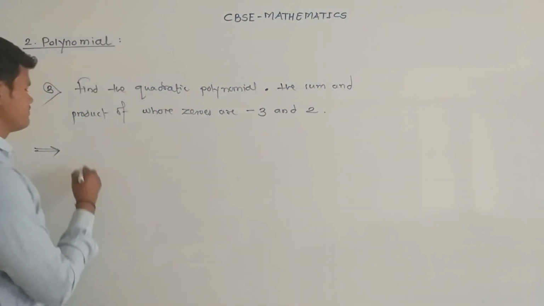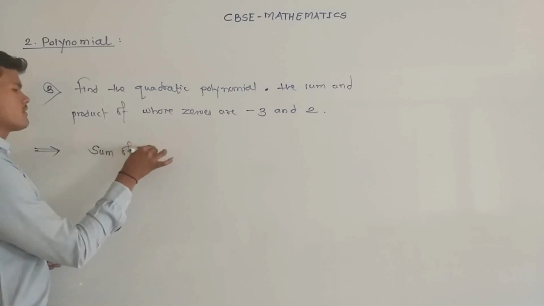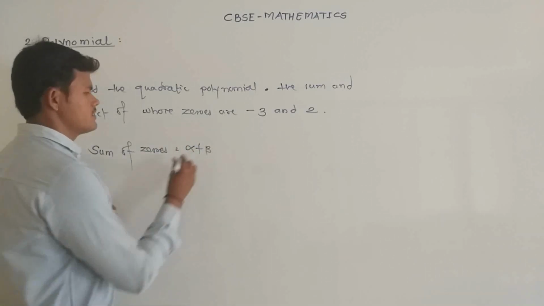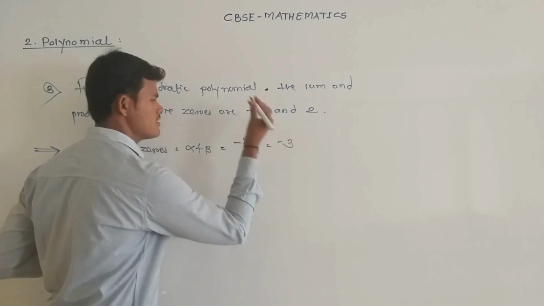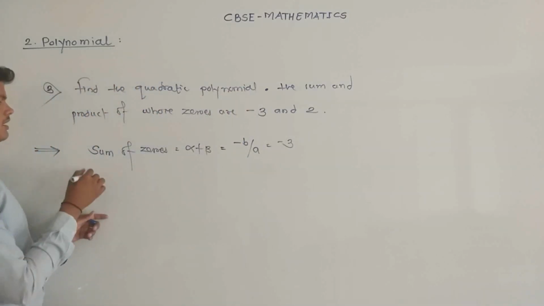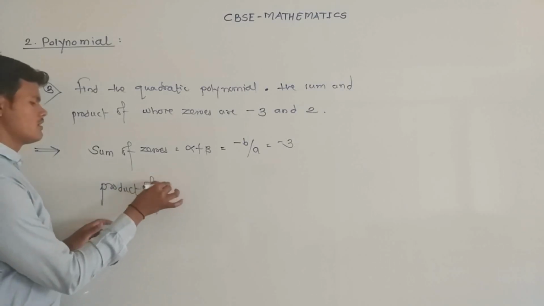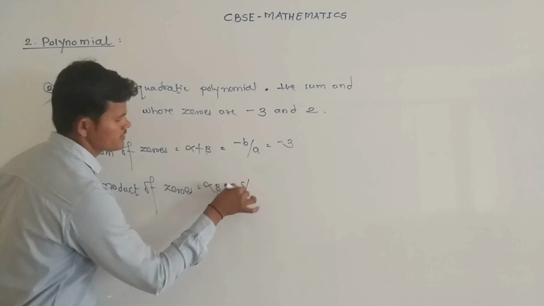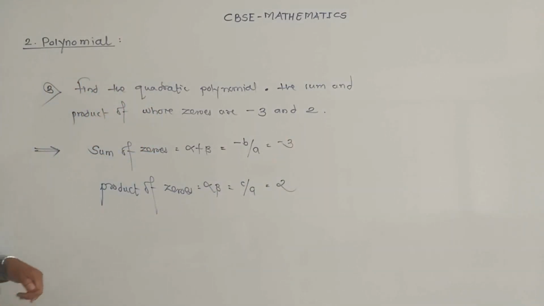So first one is sum of zeros, that is alpha plus beta, is equal to minus b by a, which is -3. And second one is product of zeros, alpha into beta, is equal to c by a. So we get its value is 2.